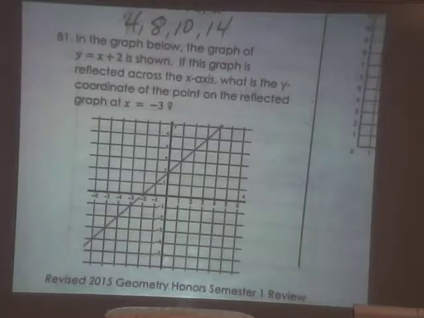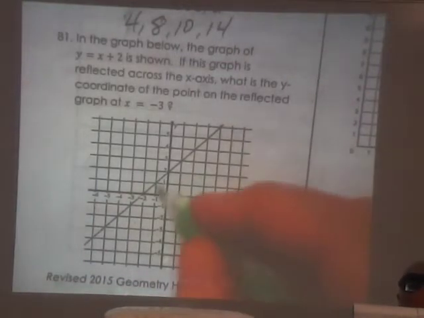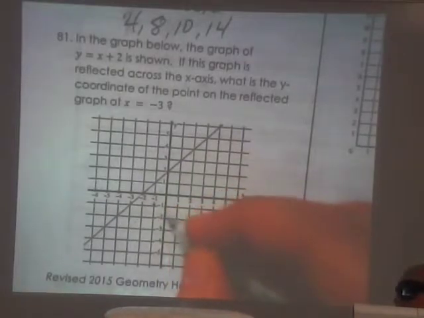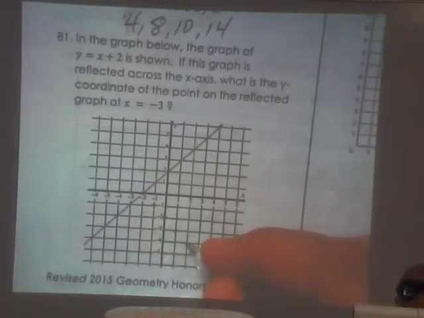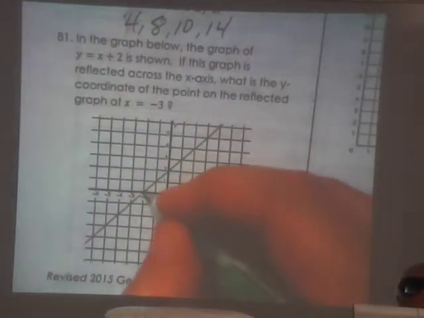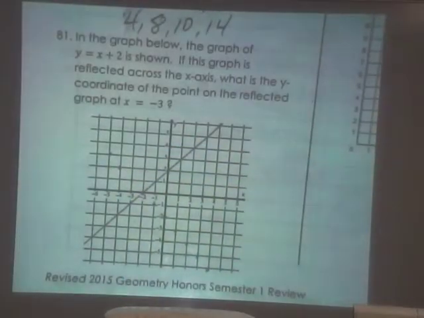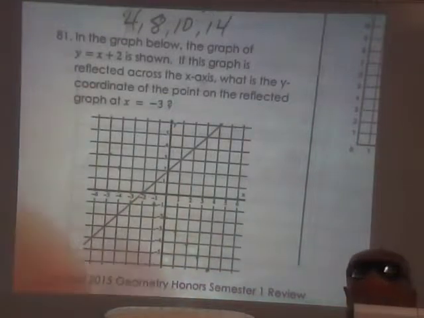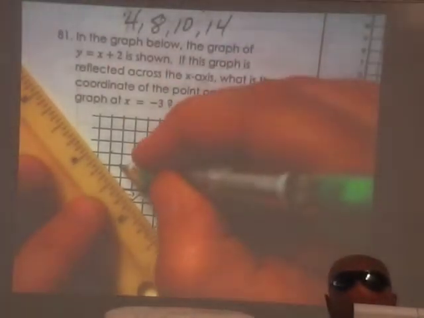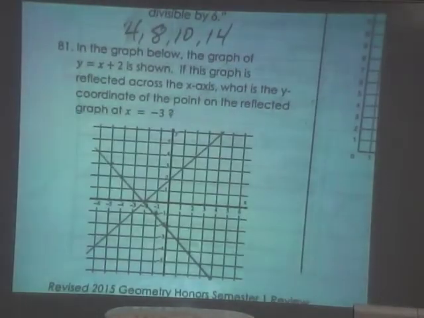Okay, so if we reflect this across the x-axis, all this would be here. Everybody okay with that? Reflect across the x-axis.